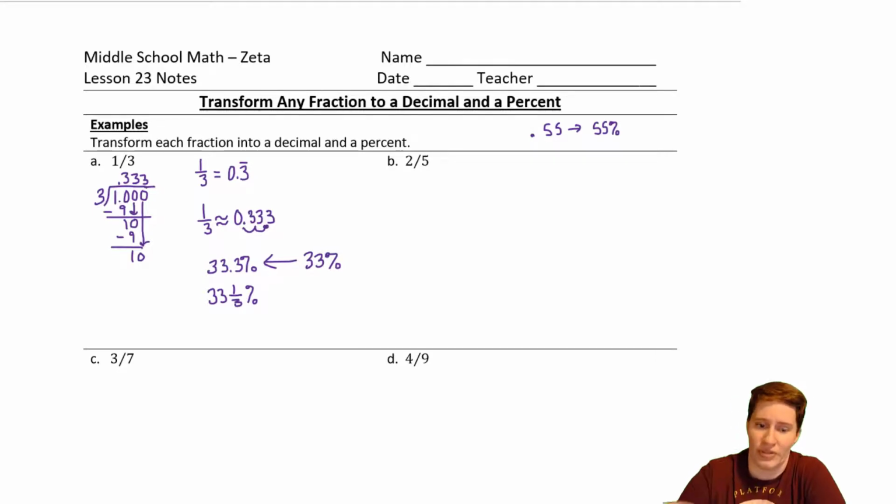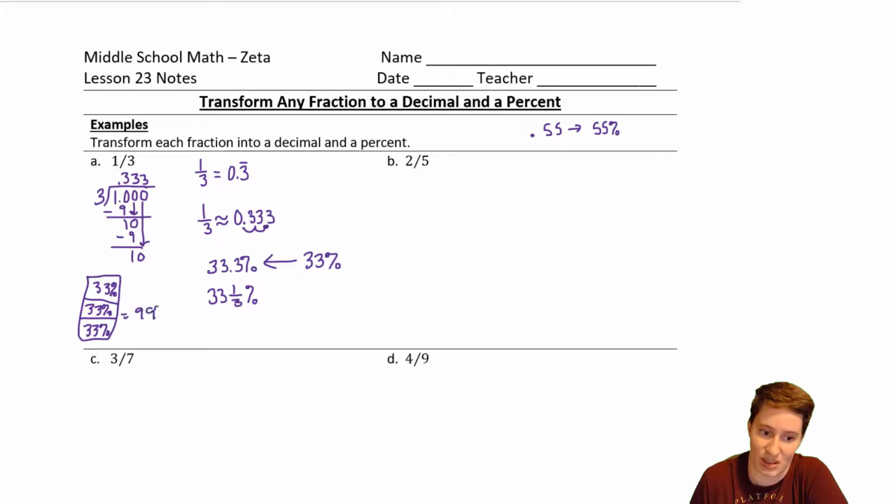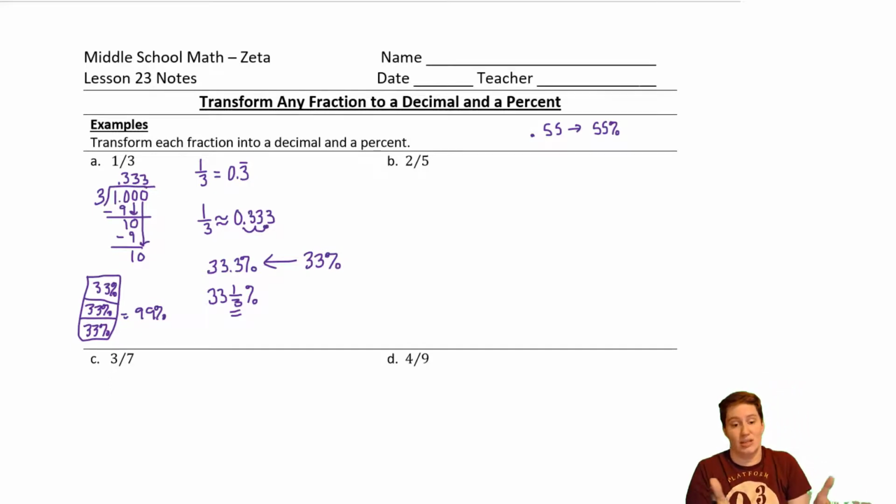Because if 1/3 equals 33%, then each of these 1/3s should be 33%. And if I add 33% together 3 times, that only adds up to be 99%. So that's why writing this fraction is helpful. 33 1/3% is the most precise percent that we can write here.